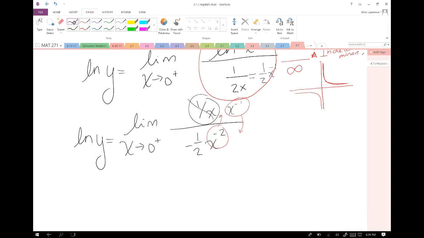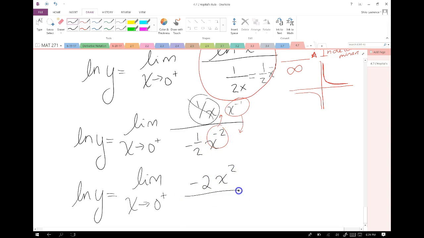So this is going to be a lot of algebra really quickly. Dividing by a negative 1/2 is the same as multiplying by -2. My x to the -2 in the bottom is the same as an x squared in the top. X to -1 in the top is the same as an x to the 1 in the bottom.